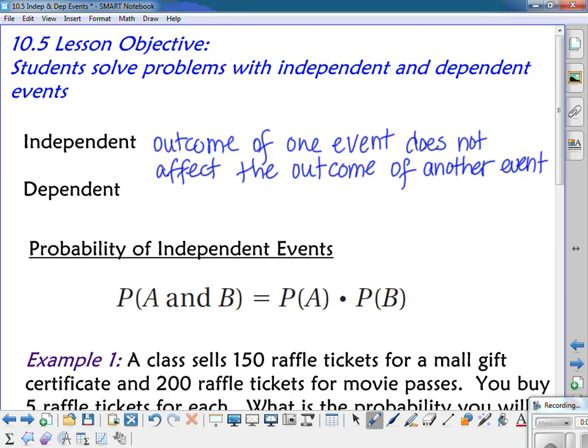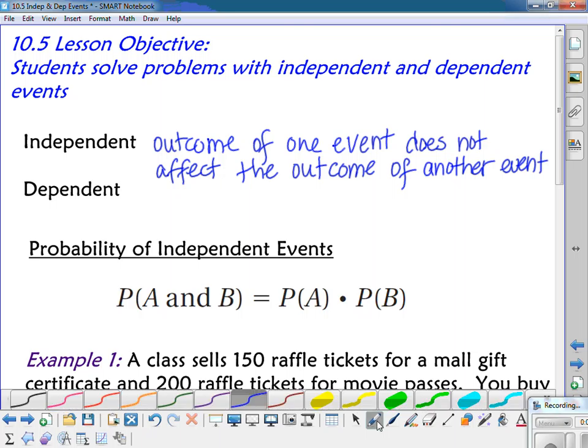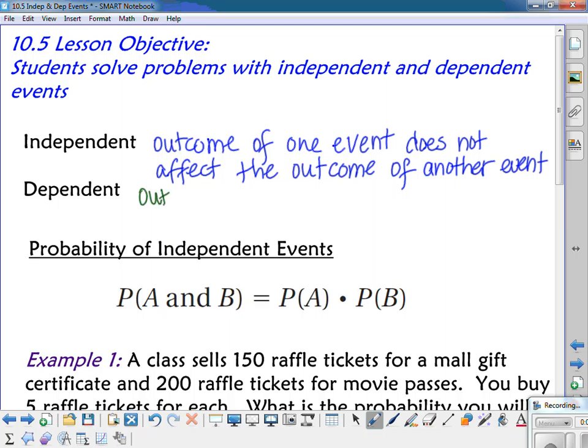If it's dependent, then that means it depends, right? So the outcome of a second event depends on what the first event was.